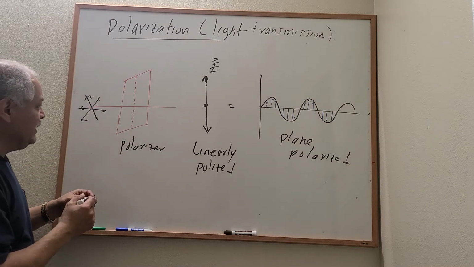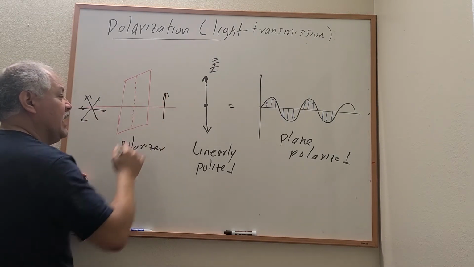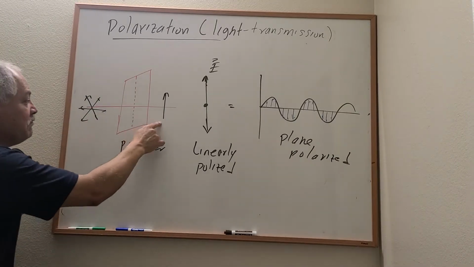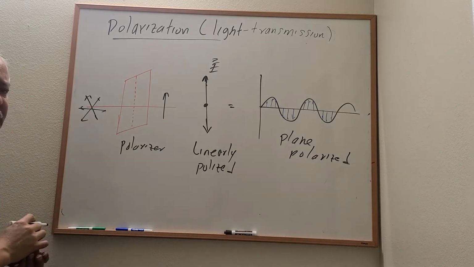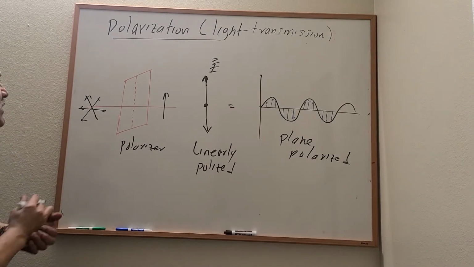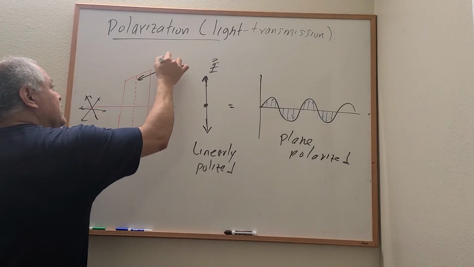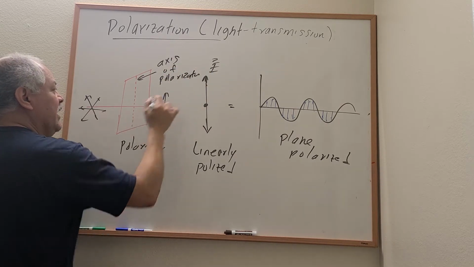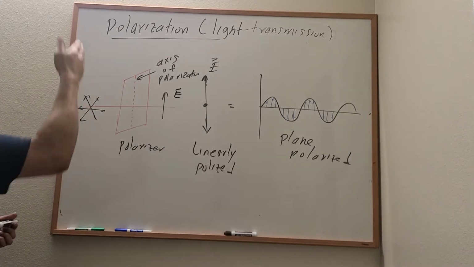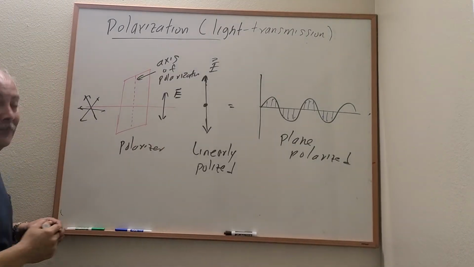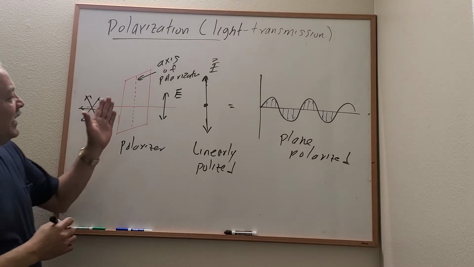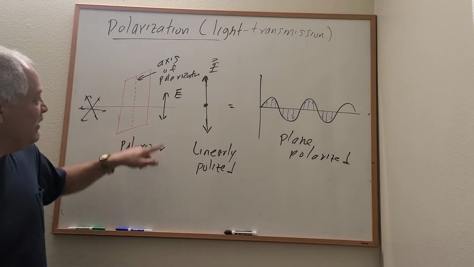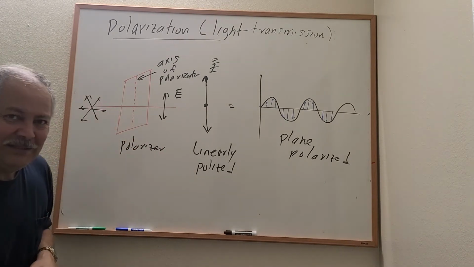According to this, only this fraction of light, the oscillation of the electric field which is parallel to this axis of polarization, is permitted. And this is the electric field now oscillating, let's say, up and down. It is the amount that is transmitted through the polarizer. Now it becomes polarized, literally polarized.